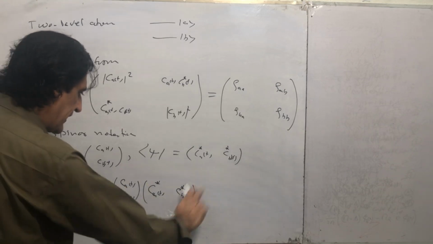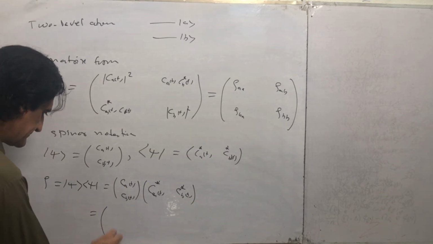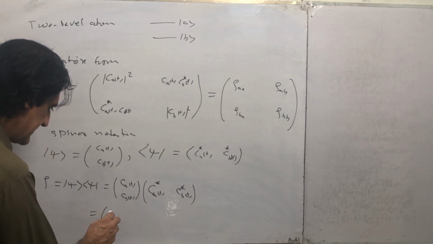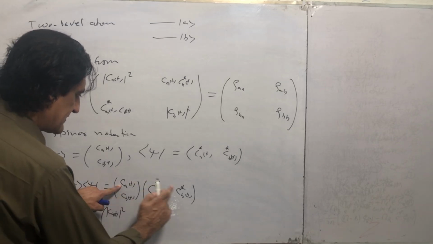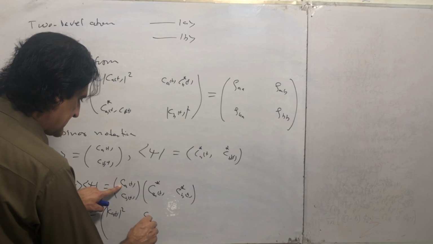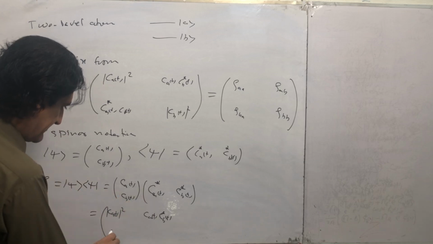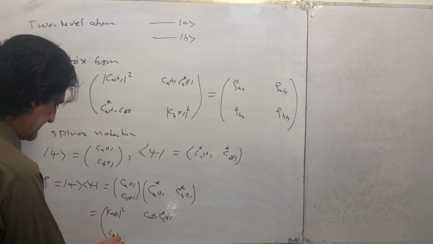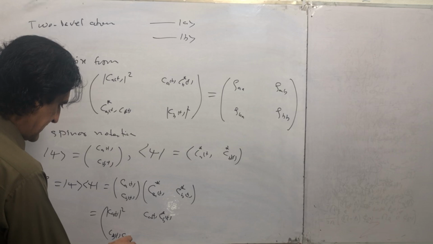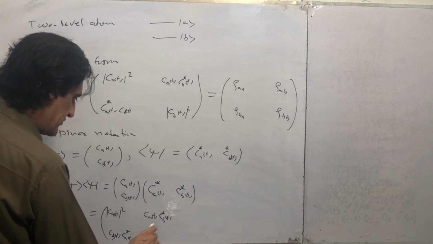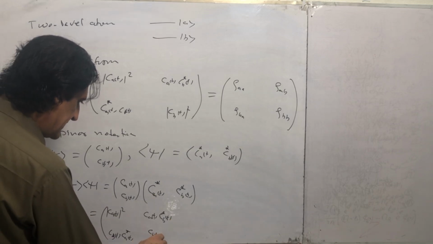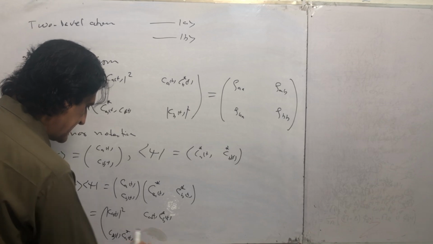Then multiply row into column. It means that we get Ca of t absolute square, and this row into column, Ca of t and Cb star of t, and here row into column, this is Cb of t, Ca of t star, and row into column, Cb of t and Cb of t star, and it means that Cb of t absolute square.